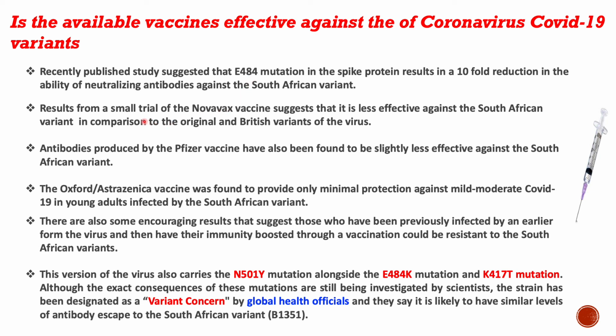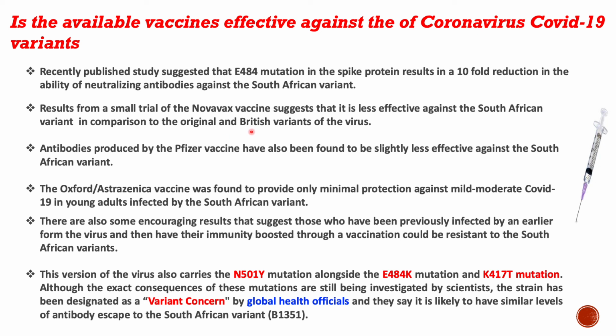Also, another recently published study conducted a small trial on the Novavax vaccine, and this study showed that the Novavax vaccine is less effective against the South African variant in comparison to the original COVID-19 and to the British variant of coronavirus COVID-19.